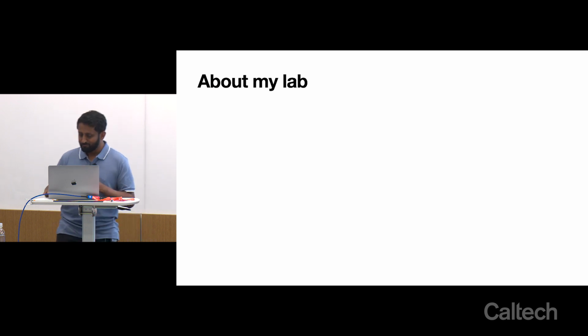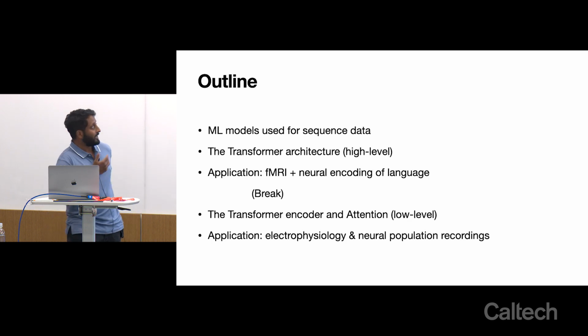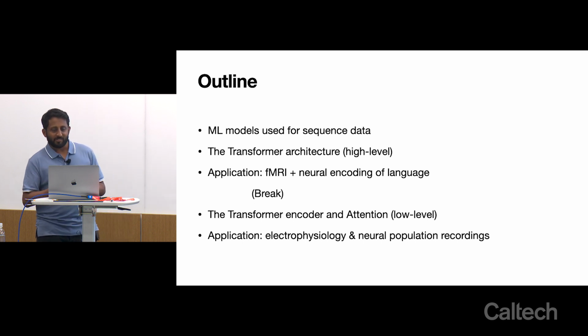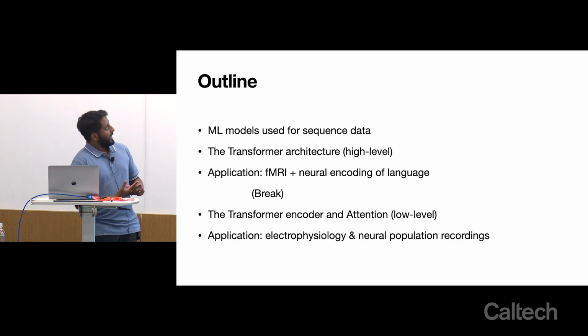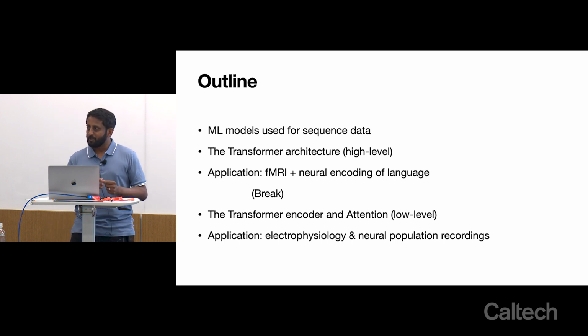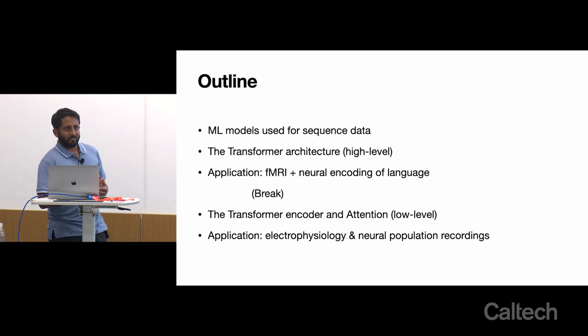What we'll talk about today: I'm going to give a little more motivation and history of machine learning models used on sequence data. Then we'll go over the transformer architecture at a very high level. I understand there's probably a fair number of imaging people here, so a relevant example might be some recent applications of the transformer to imaging data and language.